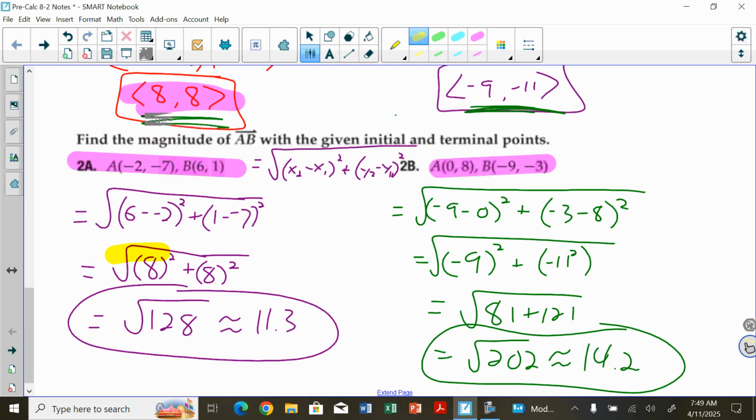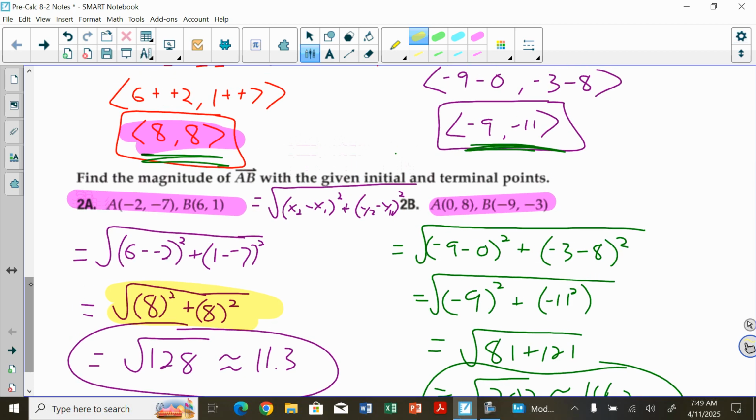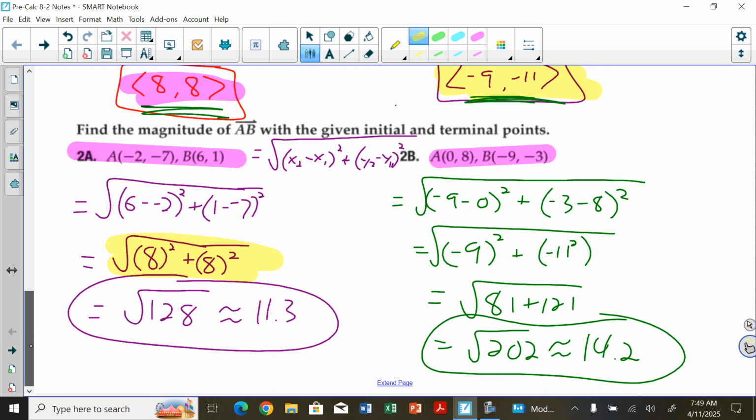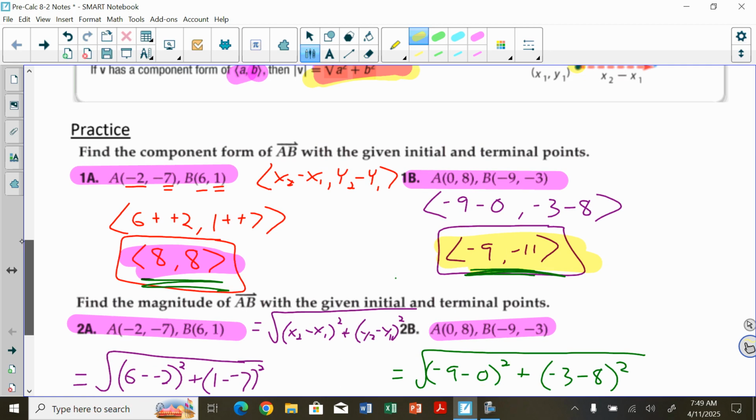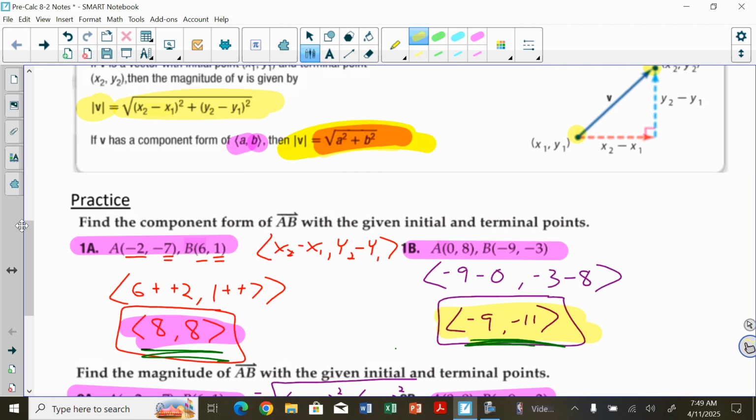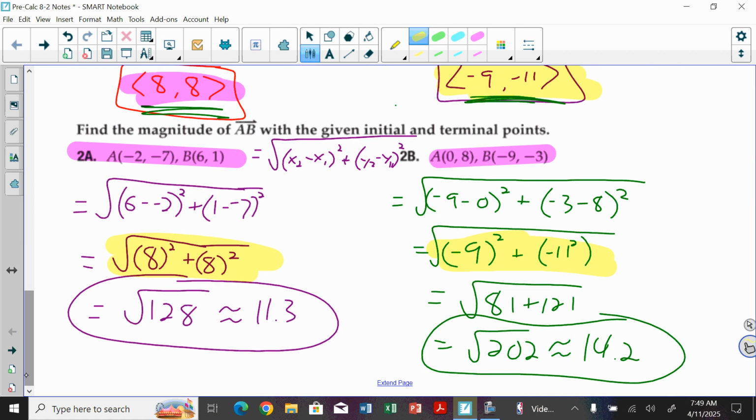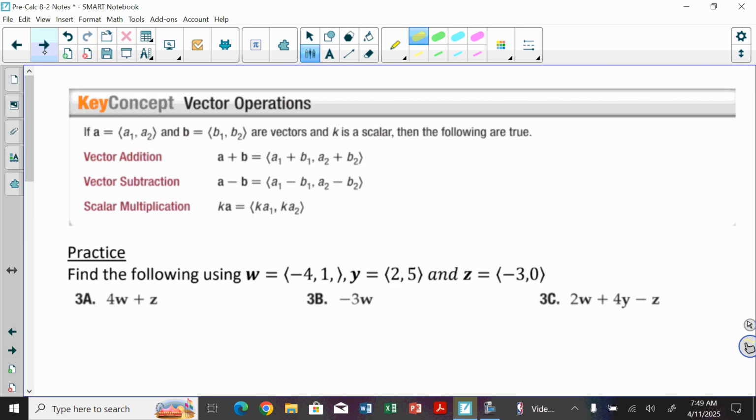I can go right to here and get that done if it's already in component form. Same thing on this one, since I have the negative 9, negative 11 in component form, since they're the same points, I could have just jumped right to here and squared it. That's why this works right here, okay? Okay, so let's continue on. We just found the magnitude and move on to the rest of it.